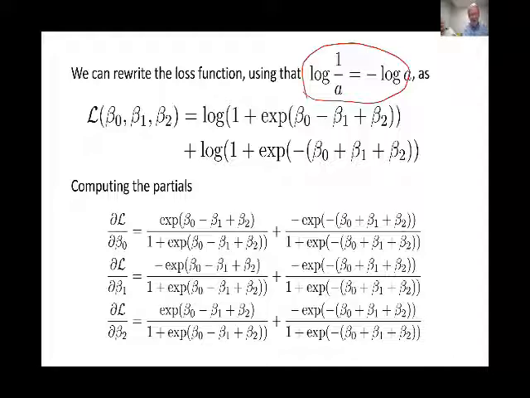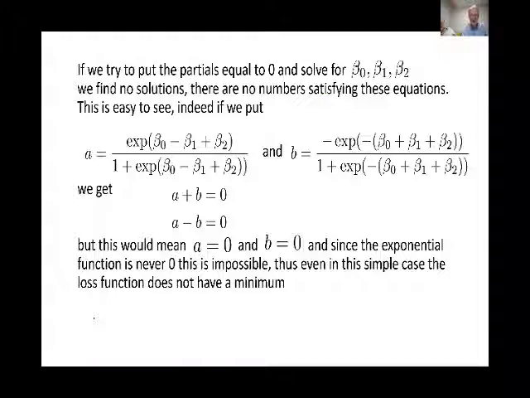I've written them down here, so you can look at the notes I posted. That's simply applying the usual rules for differentiation. You get these things here. So we want to put those equal to 0 and see if we can find beta 0, beta 1, and beta 2.